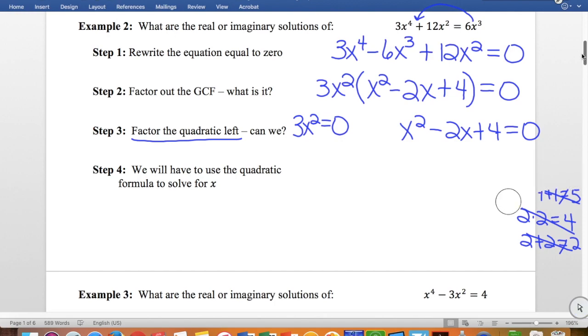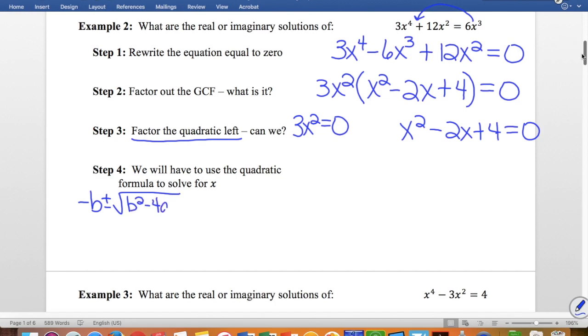If you cannot factor, you can always use the quadratic formula. So just a refresher, the quadratic formula is the opposite of b plus or minus the square root of b squared minus 4 times a times c, all over 2 times a. So we're going to use the quadratic formula. First thing I'm going to do is say a equals 1, b equals negative 2, and c equals 4.